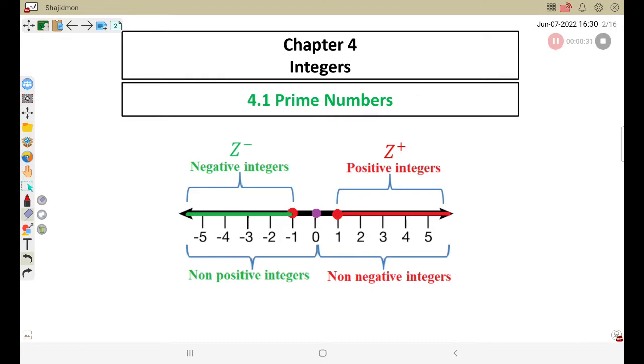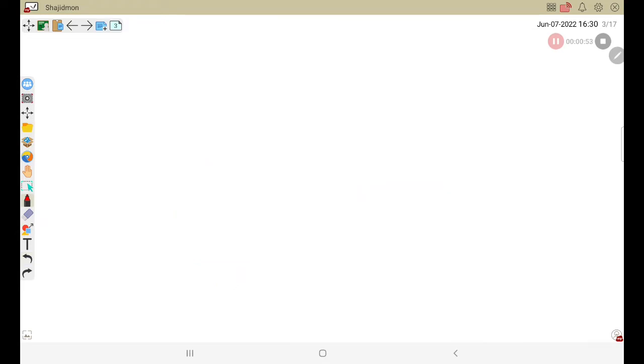Okay, so integers. First we will discuss the integer numbers. So you can see the number line here. It is already noted the integer numbers 0, 1, 2, 3, 4, 5 and -1, -2, like that up to minus infinity, correct? So 0, 1, 2, 3 up to plus infinity and -1, -2, -3 up to minus infinity.